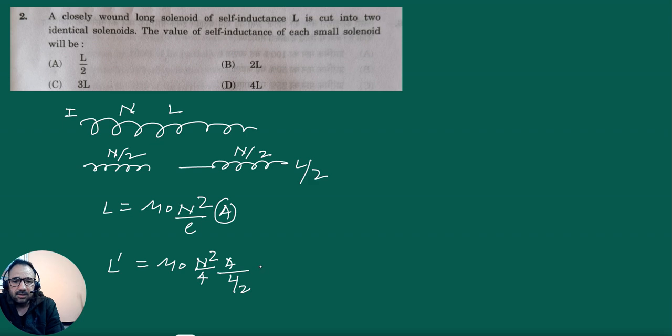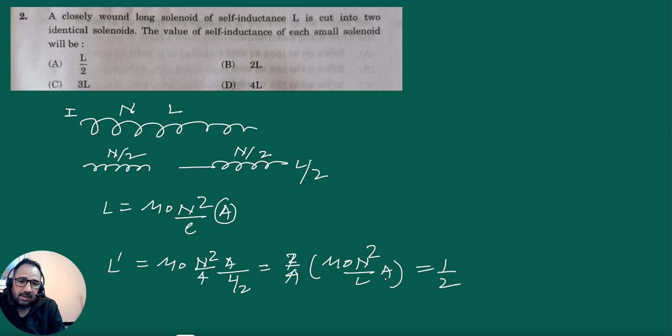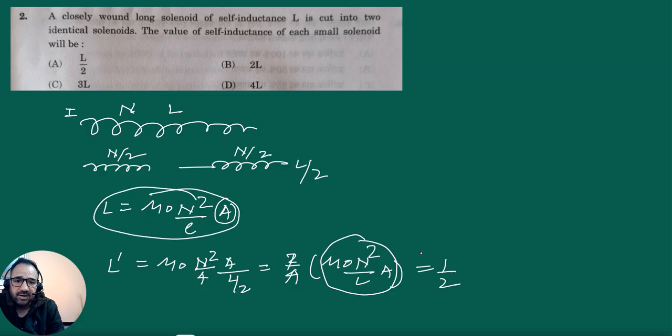So 2 will come up, 2 upon 4, into mu naught n square upon L into A. 2 upon 4 means 1 by 2. And this whole value is the original self-inductance. So I can write into L, and the answer is coming L upon 2.